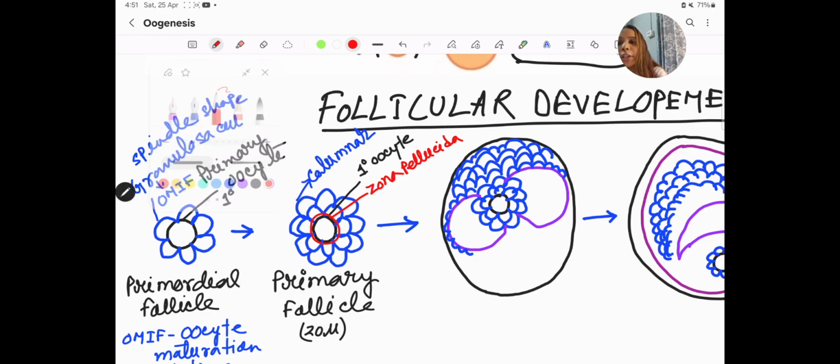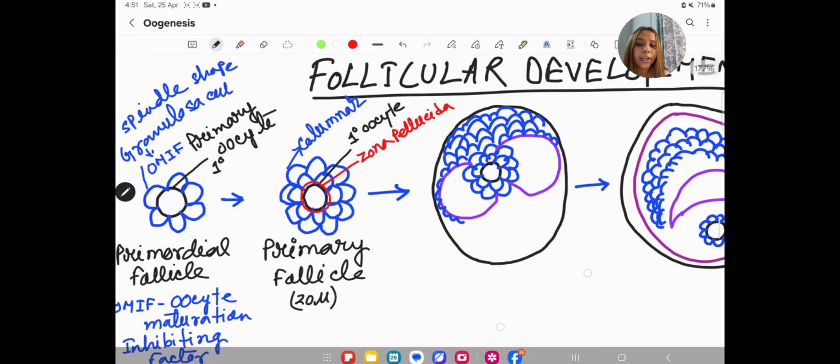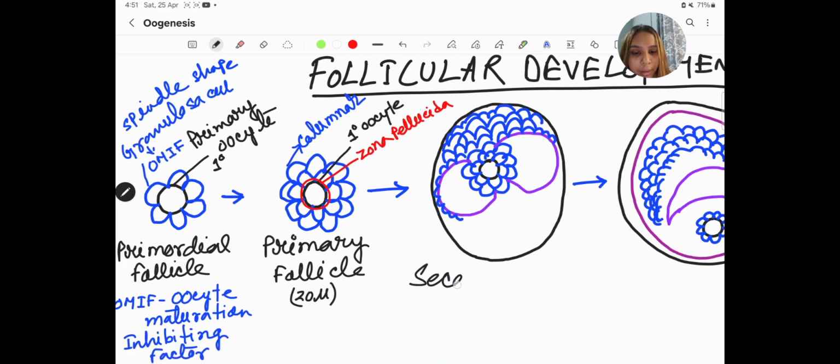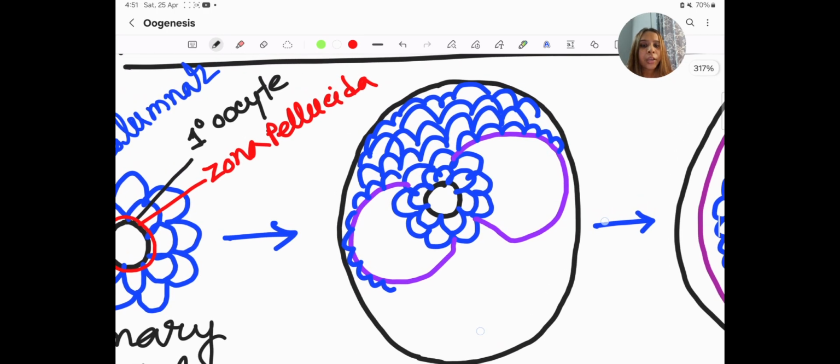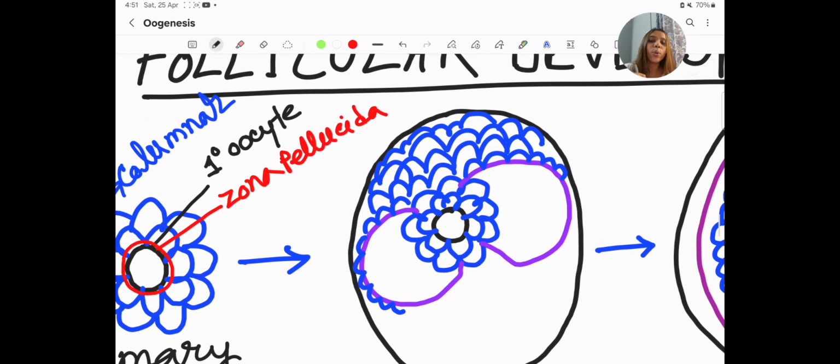Next, the primary follicle becomes the secondary follicle, and you can see that it is a very large follicle compared to the other two, the primordial follicle and the primary follicle. Many things happen in this enlarged secondary follicle. Firstly, you can notice very clearly that the granulosa cells become many.